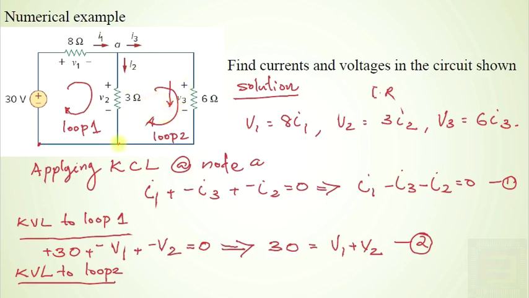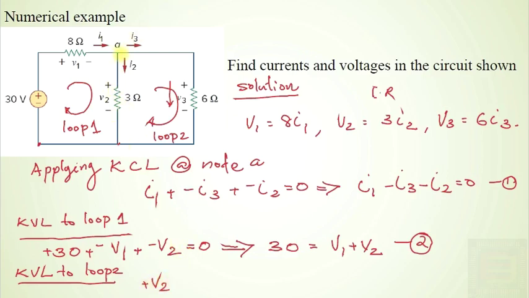So if you start from this point, according to the marked loop, when you reach node A, you are meeting a rise in potential. That means you have a term plus V2. You have to remember that here you are meeting a rise in potential when you travel in this direction. You are moving from a negative polarity to a positive polarity. So you have a term plus V2 here.